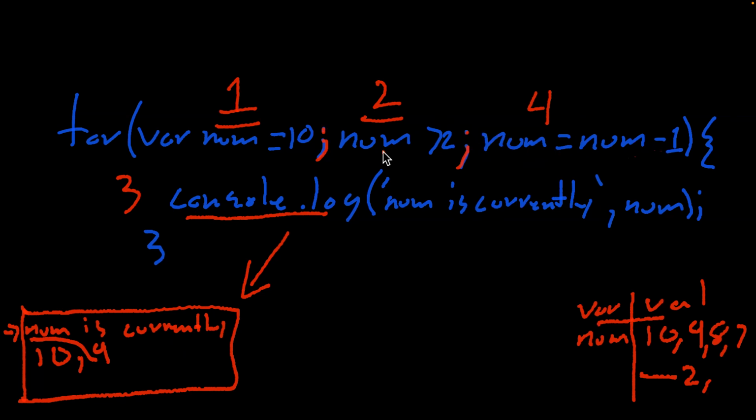And every time we check this middle part of the for loop, we're checking the value of num by our t-chart. We're keeping track of what num is on our t-chart here. So this is why it's important to t-diagram everything, especially when we're working with for loops. We want to keep track of the value of num, because num is only going to be 10 the first time around.